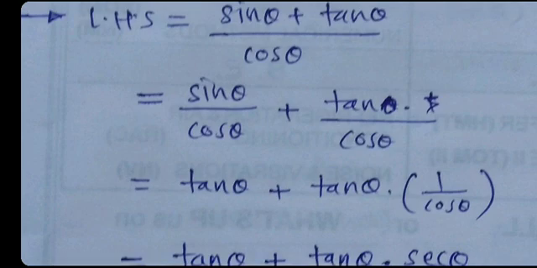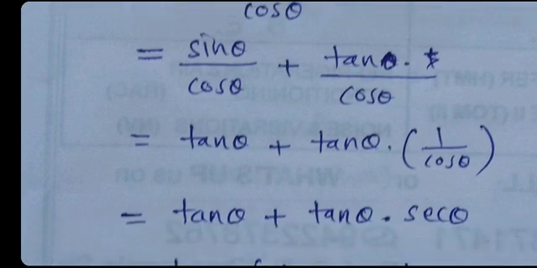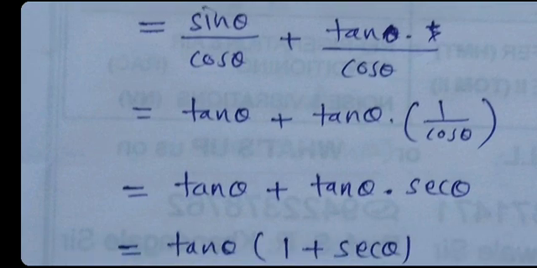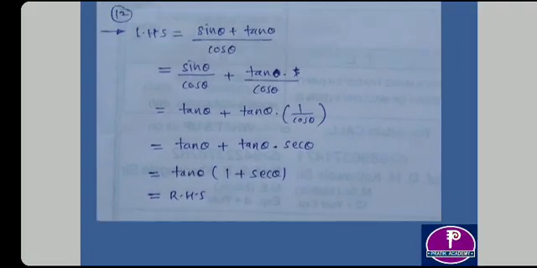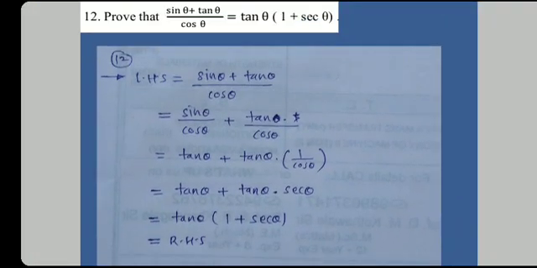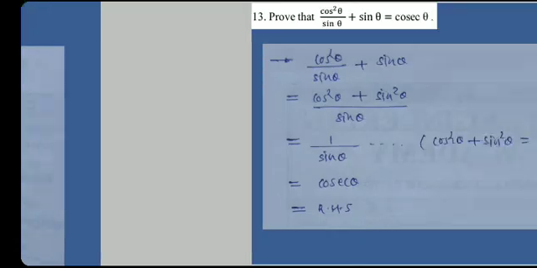So sin upon cos is tan, tan we keep as it is, and cos theta can be written as 1 upon cos theta here. So tan theta plus tan theta, 1 upon cos theta is sec theta, so it becomes tan theta into sec theta. Then take tan theta common, it becomes 1 plus sec theta in bracket. So this is our RHS.